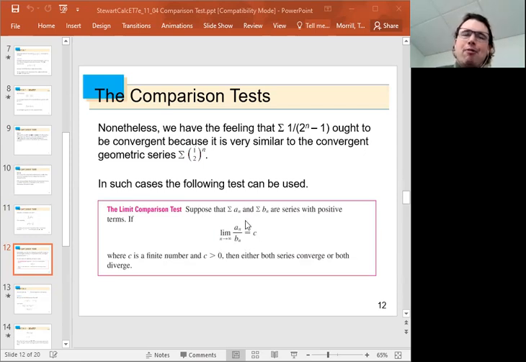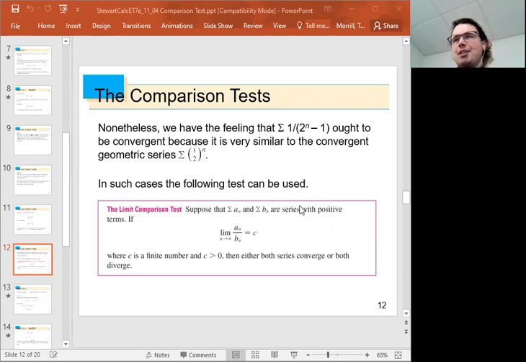So the nth term of my first series divided by the nth term of my second series. As long as both the original series have positive terms, and this limit converges to a positive real number, then the two starting series will either both converge or both diverge. They have to have the same convergence properties.